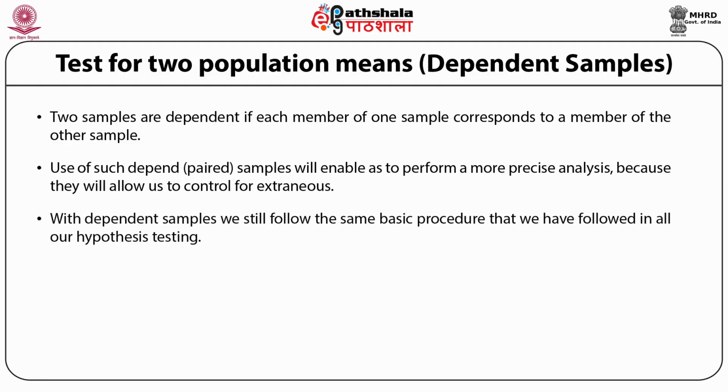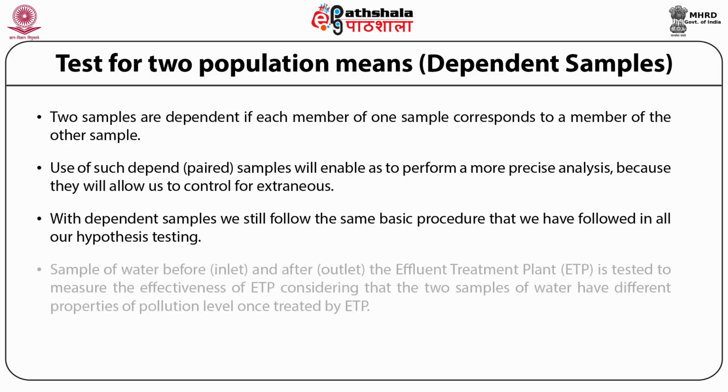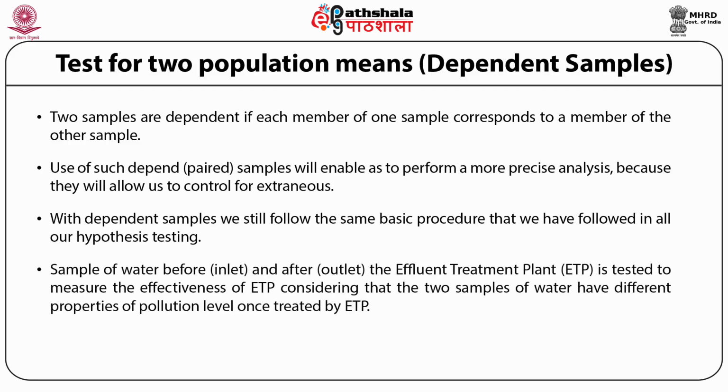With dependent samples, we still follow the same basic procedure that we have followed in all our hypothesis testing. The only difference is this: a sample of water at an inlet and a sample of water at an outlet of an effluent treatment plant are tested to measure the effectiveness of the ETP.